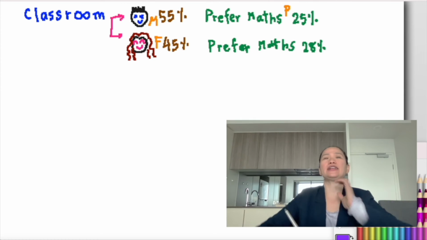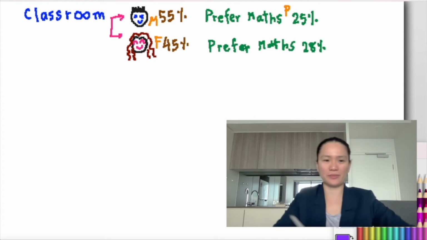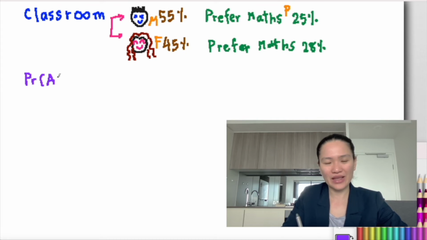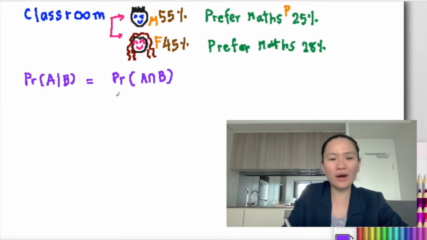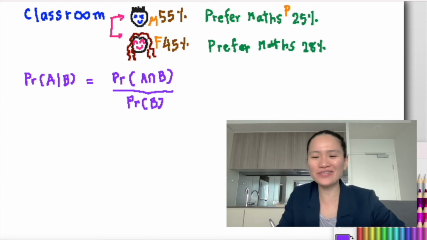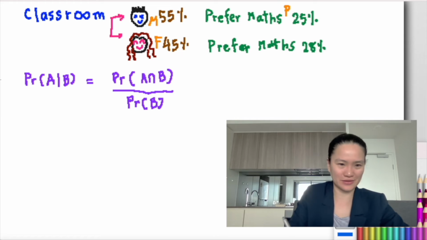One formula that you need to know about conditional probability is this one. Probability of A given B equals probability of A intersect B divided by probability of B. Hope you still remember this formula.